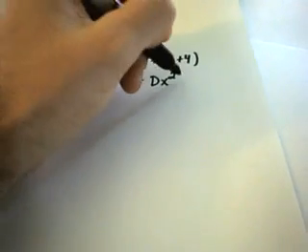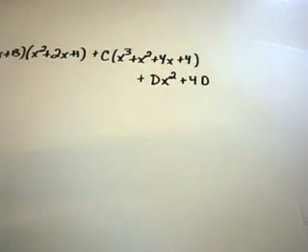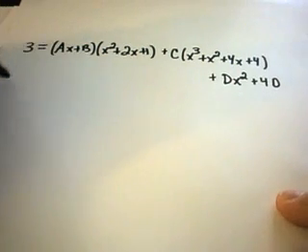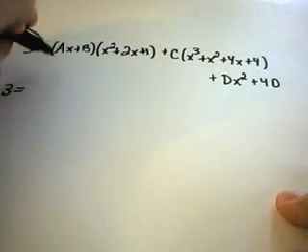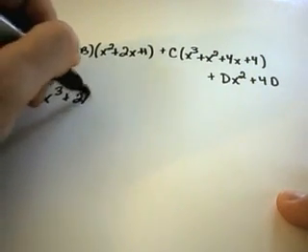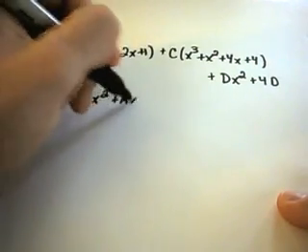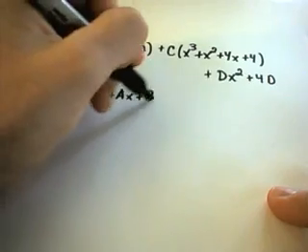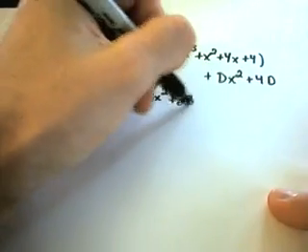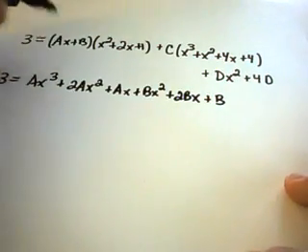So when I multiply it out, I'll get dx squared plus 4d. Sorry, I'm running out of room here. And again, I have to keep multiplying things out. So I'm going to get an ax cubed. I'll get a 2a x squared, so I'm multiplying out the first stuff, plus ax. Then I'm going to get a bx squared term plus 2bx, I hope I don't make any mistakes, plus b.